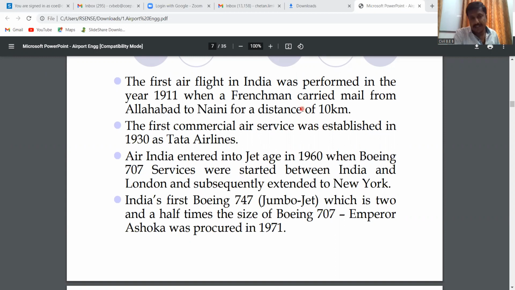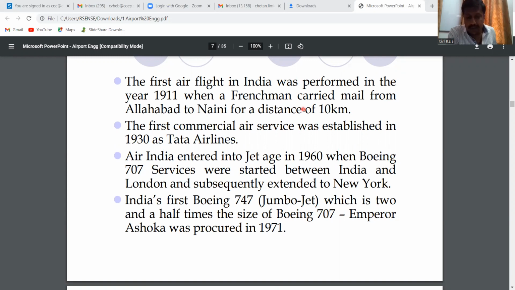As far as our country is concerned, the first commercial air service was established in 1930 by Tata Airlines. Air India entered the jet age in 1960 when Boeing 707 services were started between India and London and subsequently extended to New York.